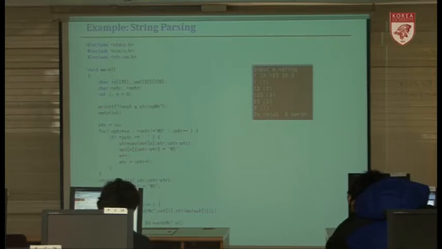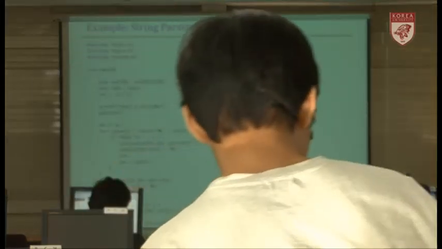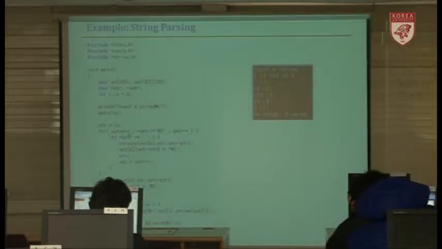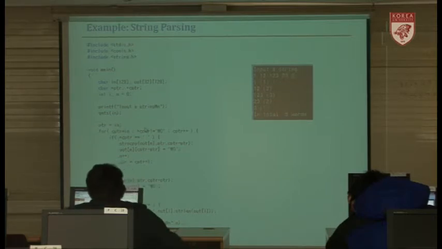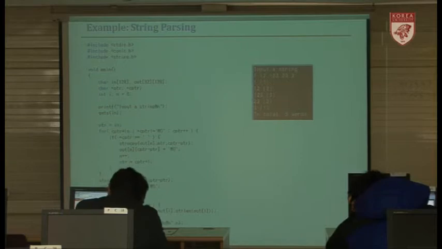And here we use this for loop. This for loop starts from in, because we say cptr equal to in, and continues until star cptr. What does star cptr mean? Let's think: cptr is the pointer at a certain point, and asterisk cptr means the character at that memory space.